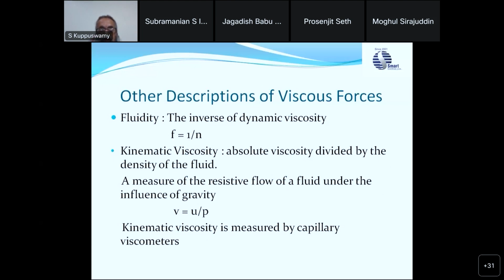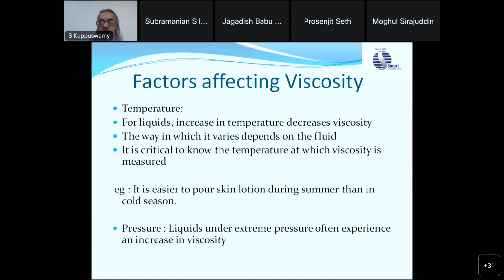It is expressed as V equal to mu by P, where V is kinematic viscosity, mu is the viscosity and P is the density. Kinematic viscosity is measured with the help of capillary viscometers. Today's session we will be covering rotational types of viscometers, which are Brookfield viscometers.